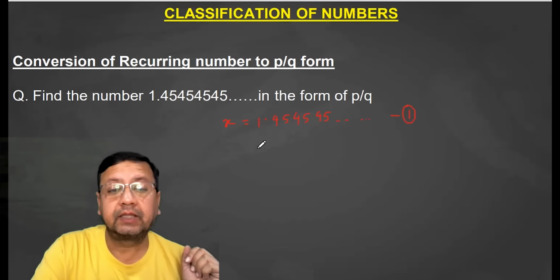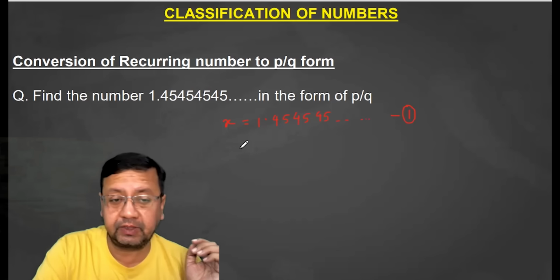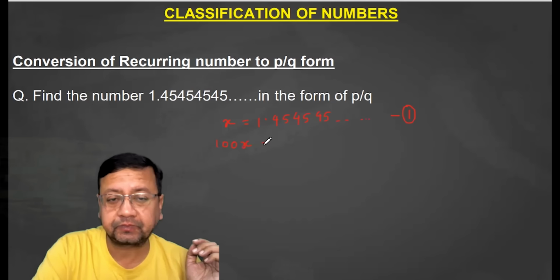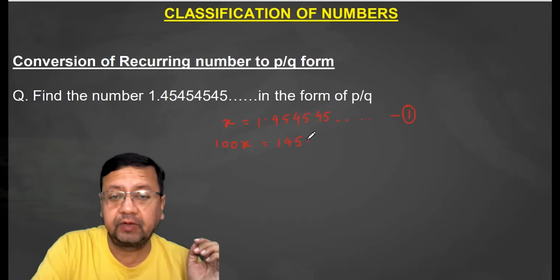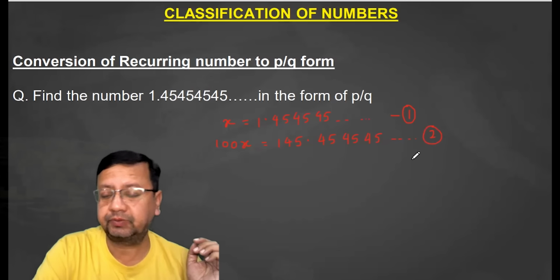Okay. Then if I'm taking 4, 5 before the decimal, what I can do is multiply this with 100. So 100x is equal to what? 145.454545 and so on. And this I take as my equation number 2.